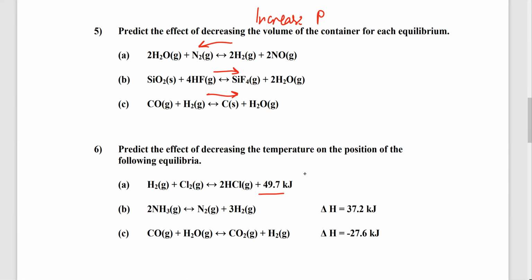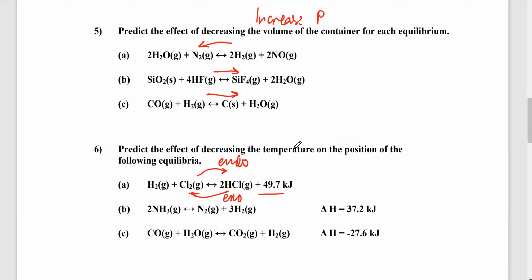See, the forward is endo, right? And the backward is exo. So you're decreasing temperature. Which one should be favored? Then it's going to go more towards the endothermic side? If you decrease temperature, it's going to favor the exothermic reaction.